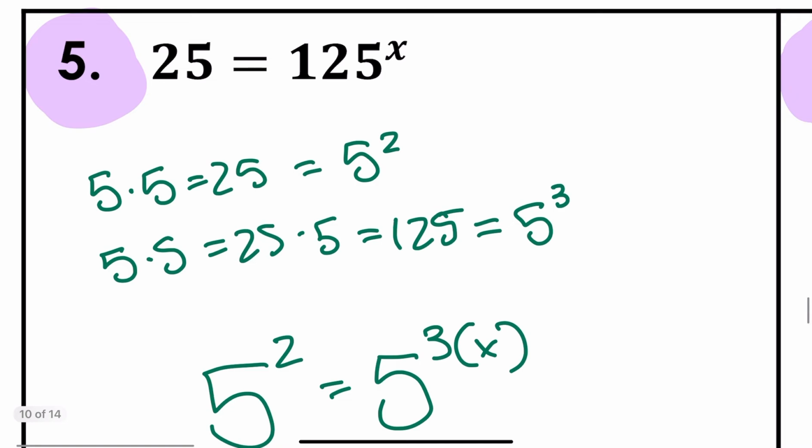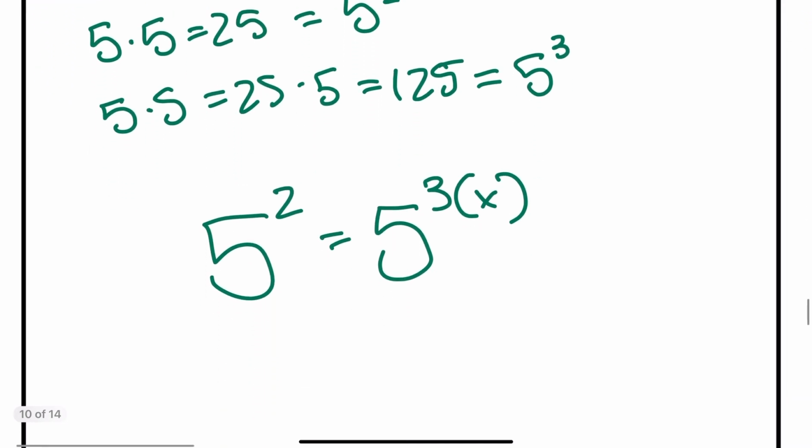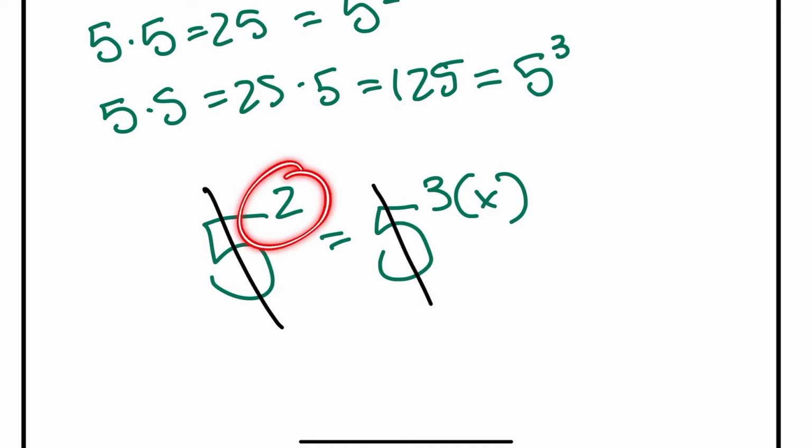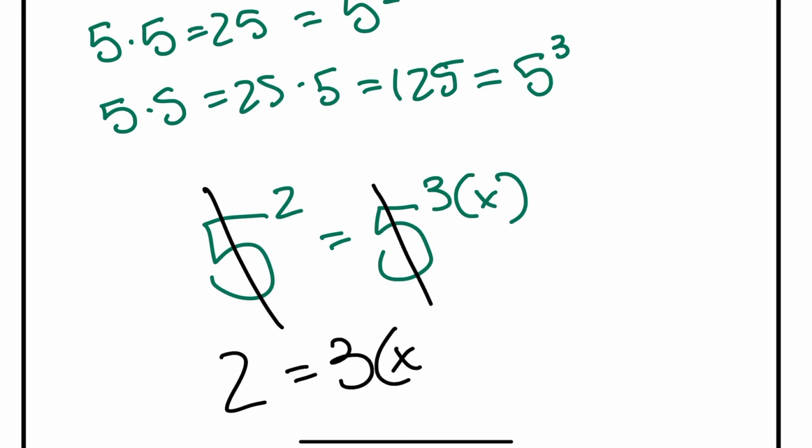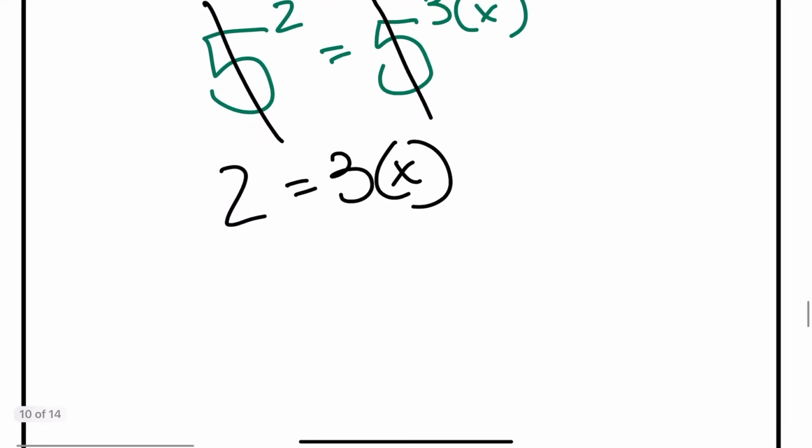Cool. That gets us to the same base, which is what we have to have before we can do anything else. So we can drop those bases and rewrite what we have left over. So I have 2 = 3(x).